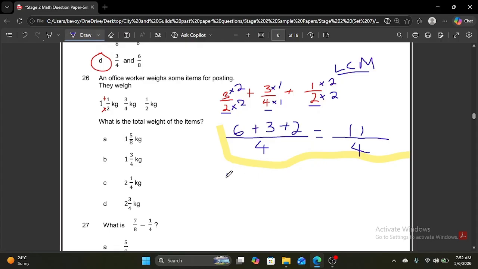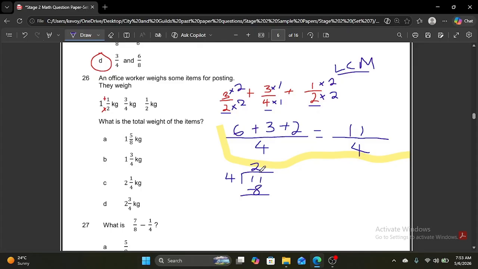We're going to convert this into a mixed fraction right now. So that will be 4 divided into 11. How many times can we divide 4 into 11? That is 2 times, so 2. 2 times 4 is 8. After that, you subtract.